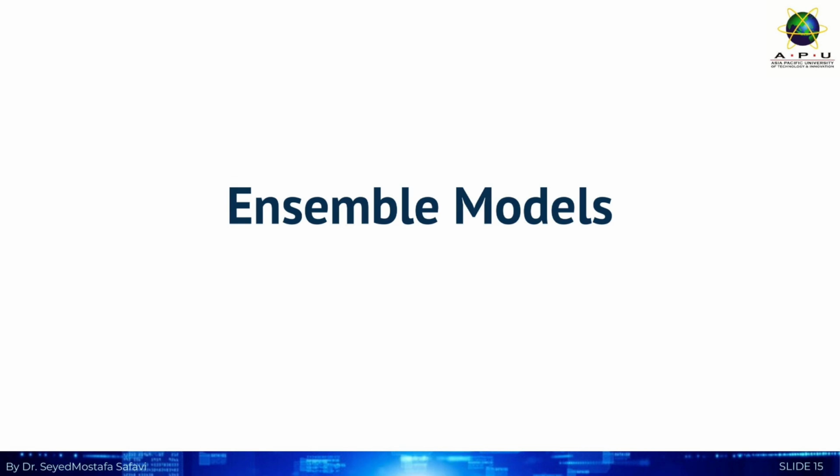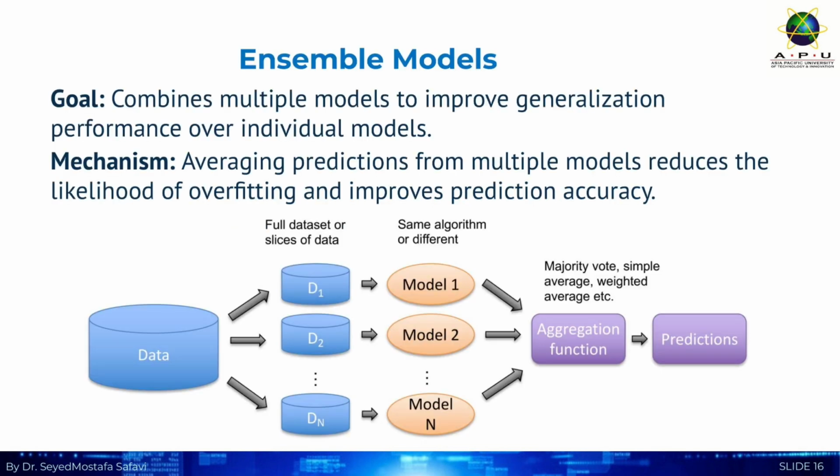To tackle the issue of overfitting and improve performance, we introduce ensemble models. If a single tree is good, wouldn't a forest of trees be better? That's the core idea. We're moving from relying on one model's decision to relying on the collective wisdom of many models. The goal of ensemble models is simple. Combine multiple models to improve generalization performance over any single model.